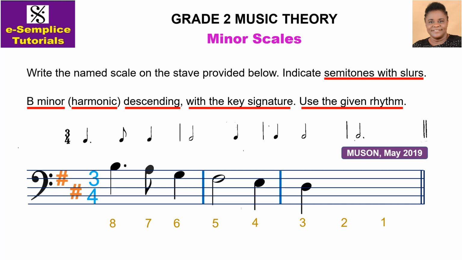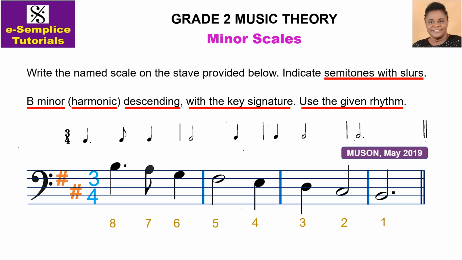This time it is below line 3, so the stem goes up. Bar line. The last note is a dotted minim, and it's going to be on line 2. Now if you check out that line 2, you'll see it is another B. I started from B, I descended until I got to another B.